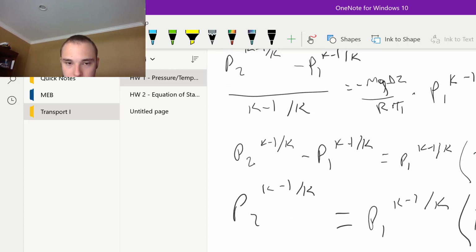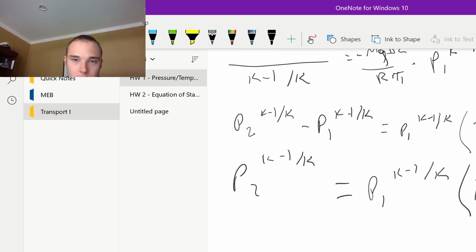We're almost finished solving for our final pressure, which relates the variation of altitude. So we're going to isolate for P2 here, which is our final pressure, and say this is equal to P1 times 1 minus K over K minus 1, the ratio of heat capacities, times mg delta Z over R times T1, all raised to K over K minus 1.